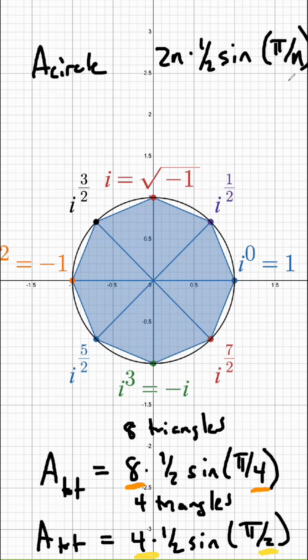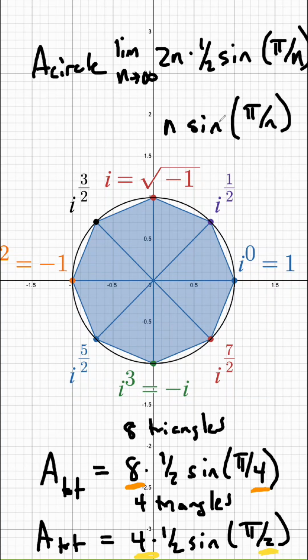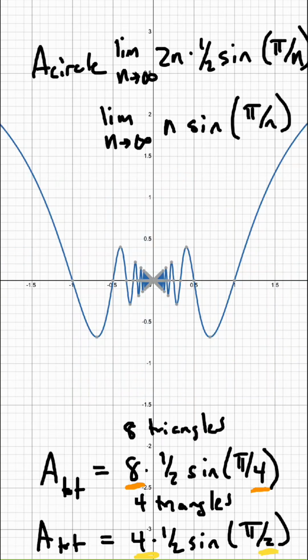And we want that number to get really, really big, so we apply a little bit of calculus and say the limit as n goes to infinity. So our 2's cancel and we just get n sine of pi over n, the limit as n goes to infinity.